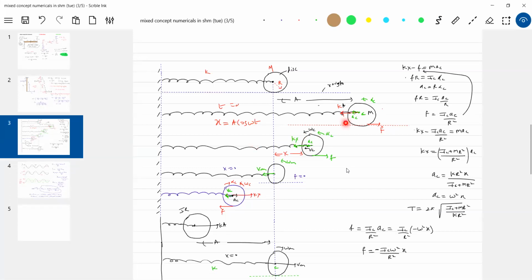This energy comes from the oscillation: the external force drags this disk, the spring gets elongated, and that is the oscillation energy. The moment I release it, because of spring force and friction, it starts rolling. Then it will execute SHM.